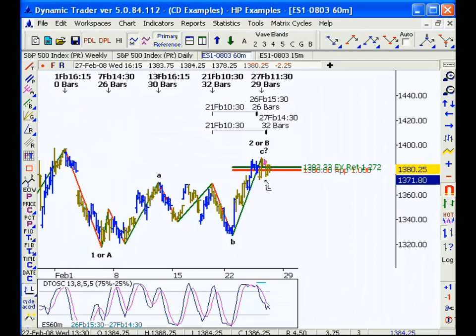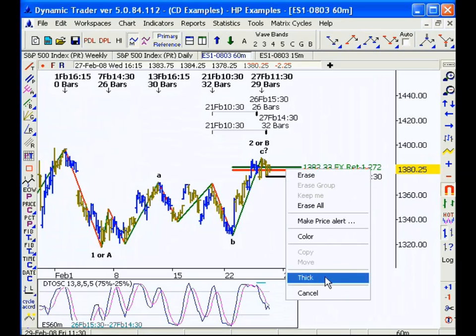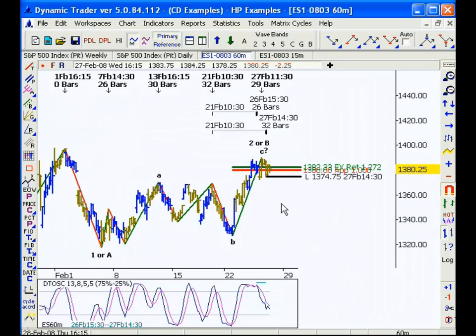I've got to take off the hot pivots. So the recent swing low, let's see if I can get the right bar there. Little swing low near the end of the day on the 27th is at 1374.75. So if we're not able to watch the market during the day, we could put in a 1374.50 sell stop to enter short.